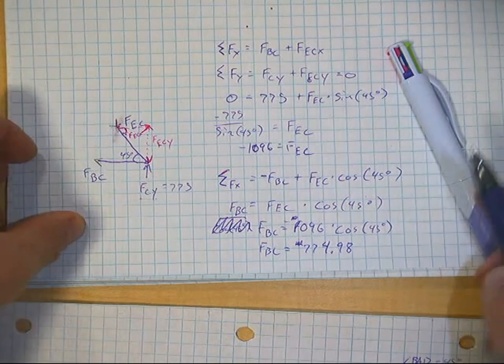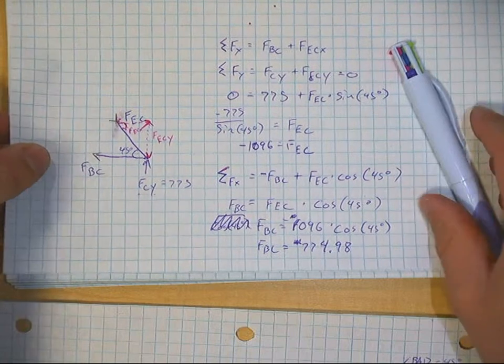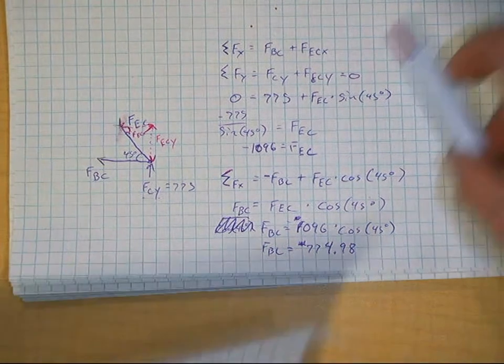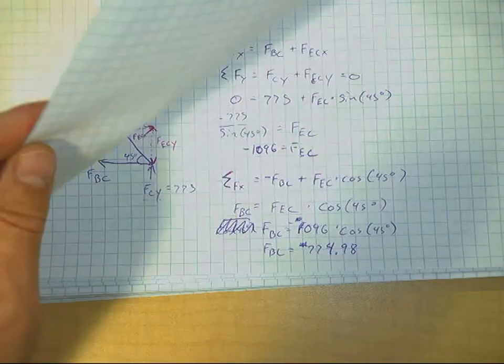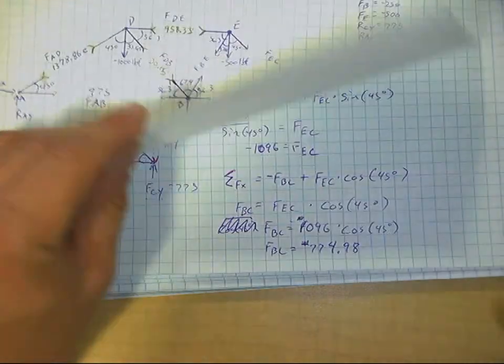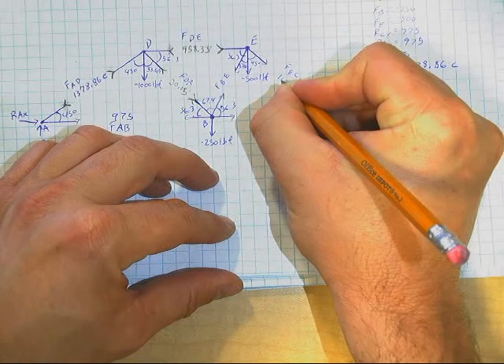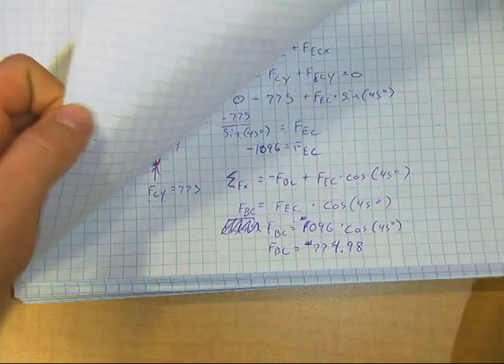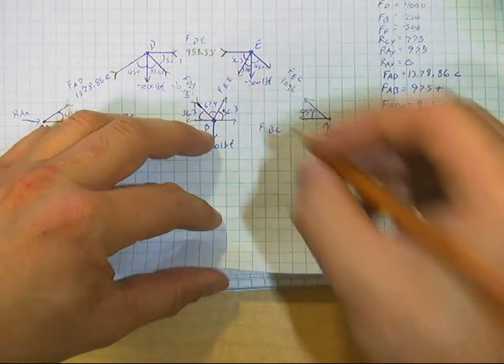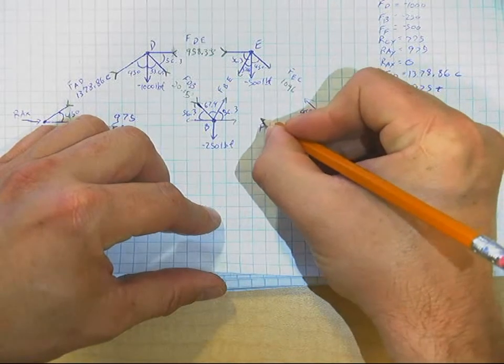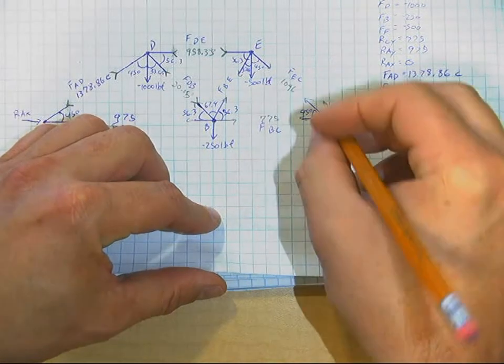Okay. All right, so we're going to go ahead and update our original diagram. So we go back here. We have our FEC. We have our FBC. We have 1096, and we're going to go ahead and round up to 775 because it's 0.98, right?